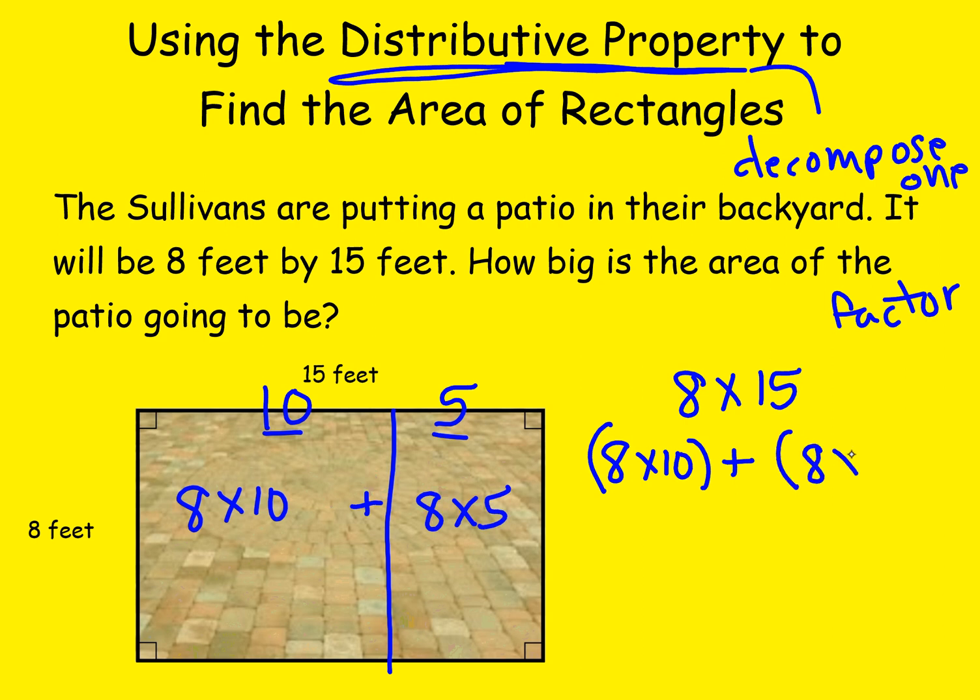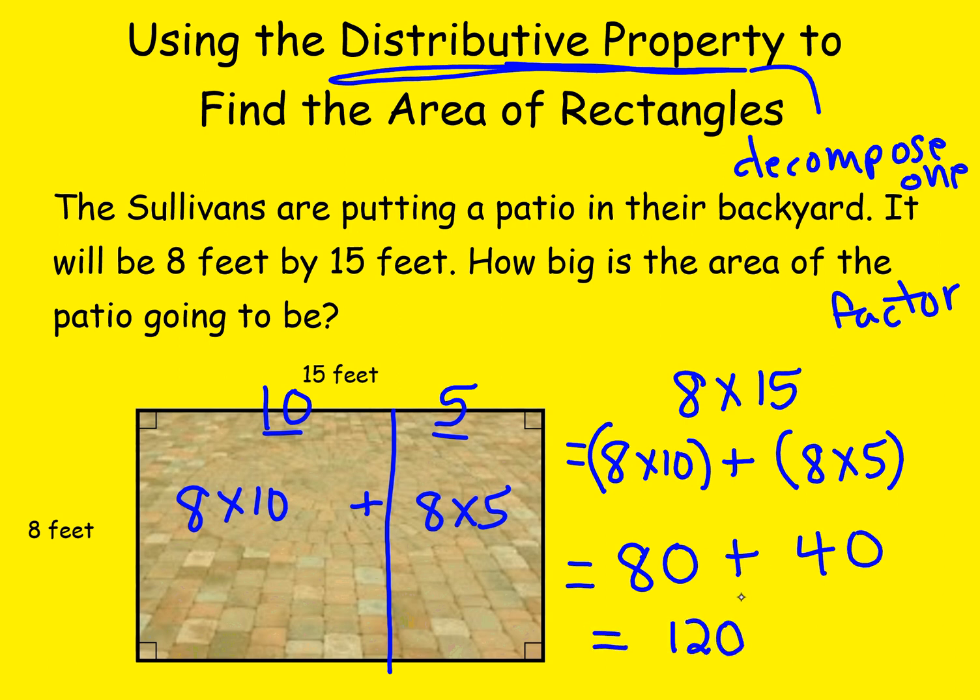Now I just need to do the multiplication. 8 times 10 is 80, plus 8 times 5 is 40. Then I just need to add 80 and 40, which is 120. So the answer is 120 square feet.